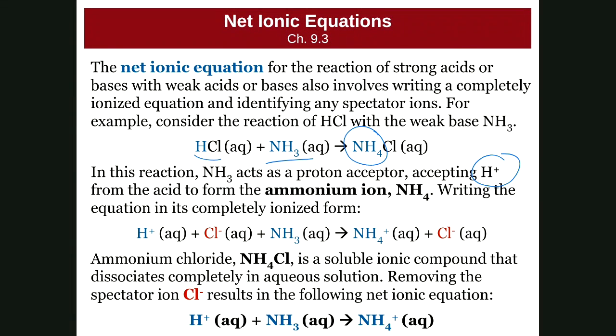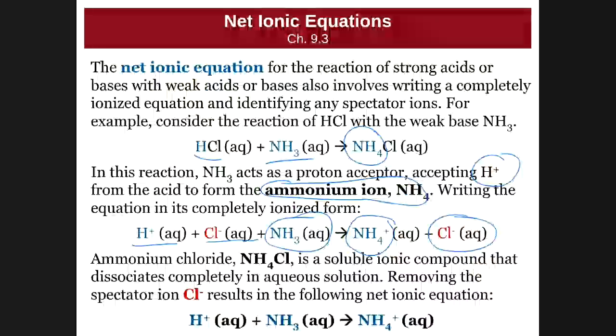All right, so when writing the equation in its completely ionized form, we see that hydrochloric acid is a strong electrolyte, a strong acid, so it completely dissociates, while ammonia does not dissociate, but it does gain the proton to form the ammonium ion, and ammonium chloride is a soluble ionic compound. Ammonium ion is always soluble.